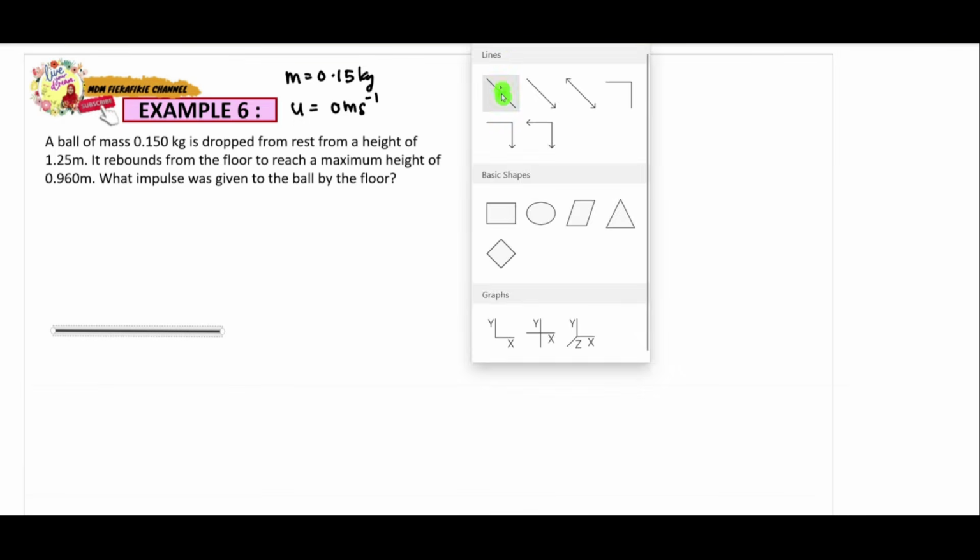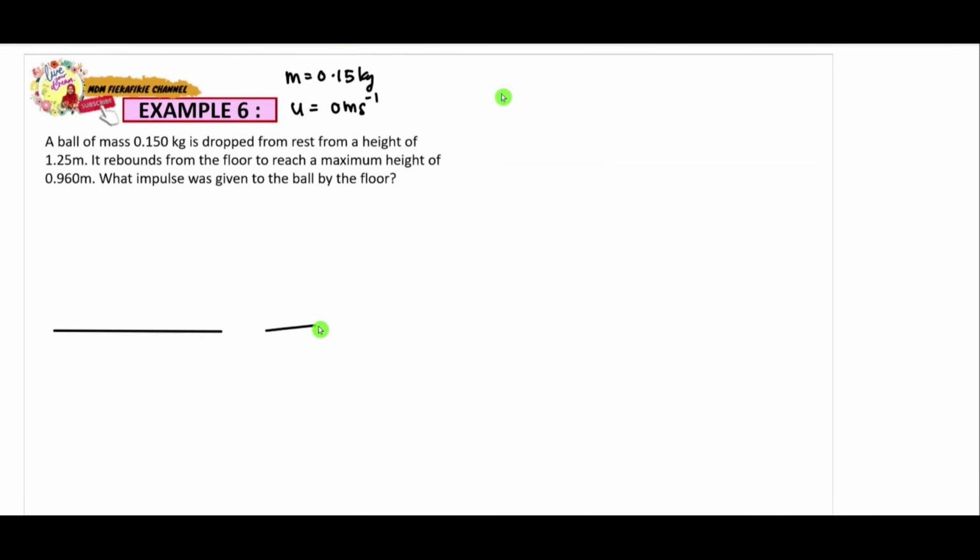Maknanya sekarang ada dua cerita. Saya buat cerita part 1 dan part 2. Macam cerita komik kan? Ada part 1, part 2. Okay, so sekarang let's write here, this is part 1. And this is part 2. So part 1, when the ball is dropped from the certain height, let's say here, U here is 0 meter per second.